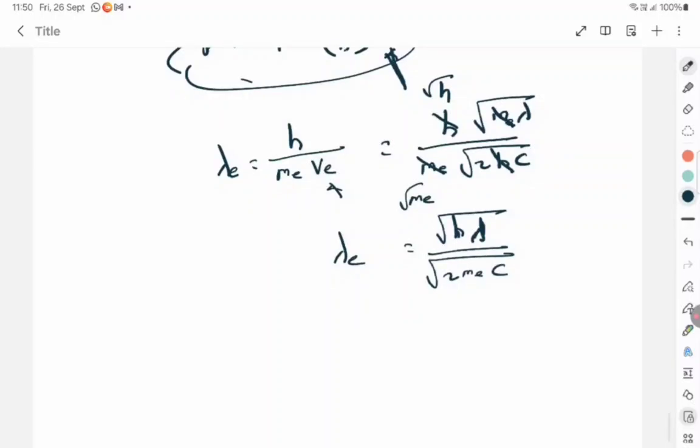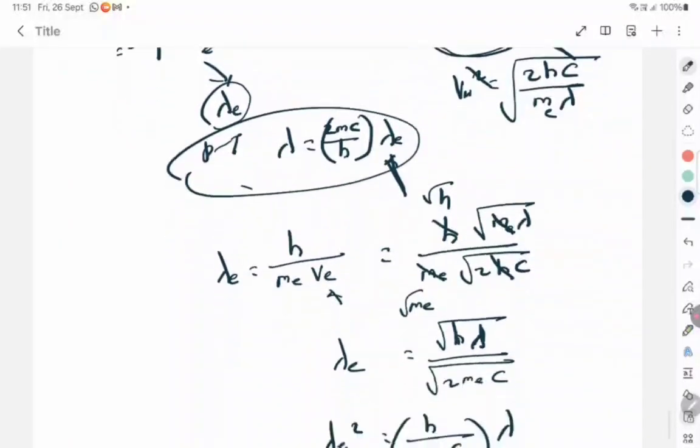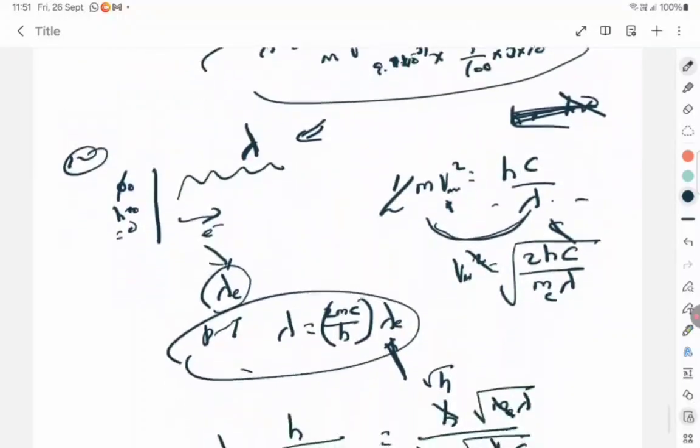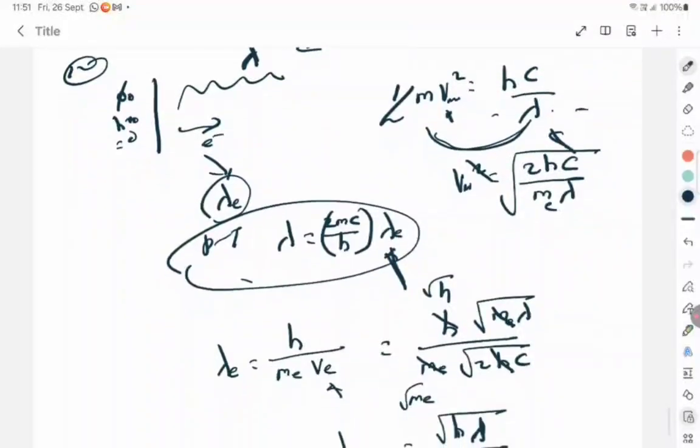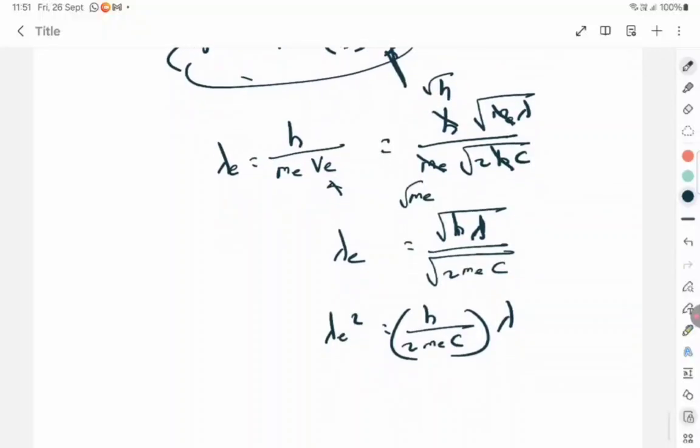Supposing I square this, I'll get h by 2me into c into lambda. Yeah, till here it's correct.